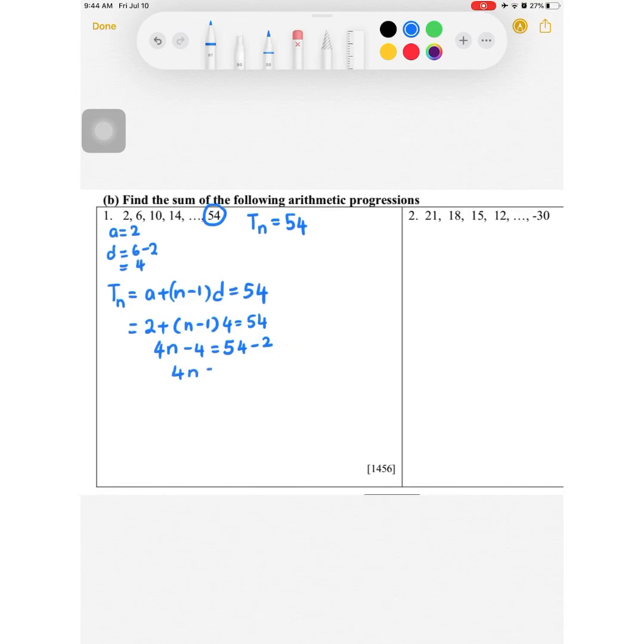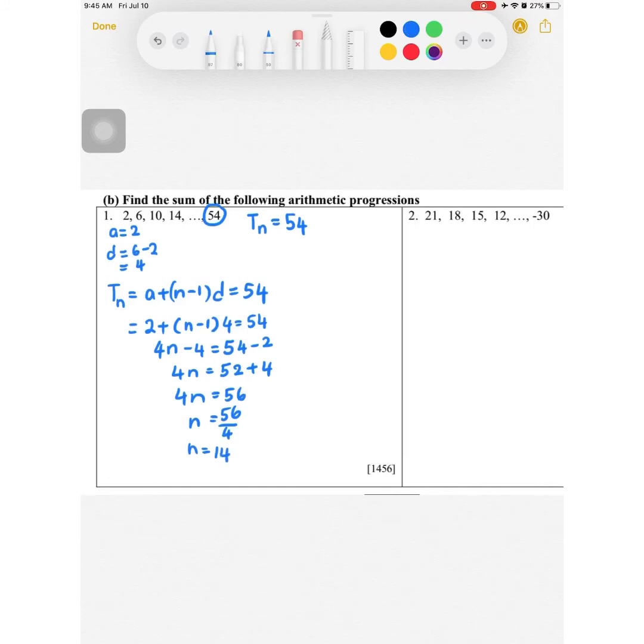So 4n equals 52 plus 4, 4n equals 56, and n equals 56 divided by 4. So your n should be 14.